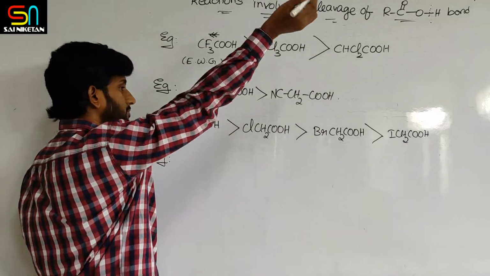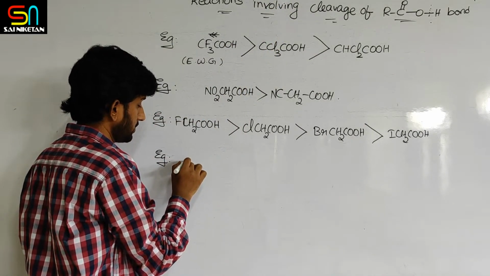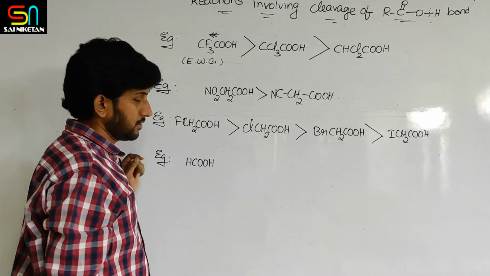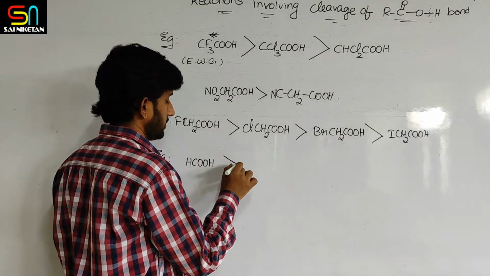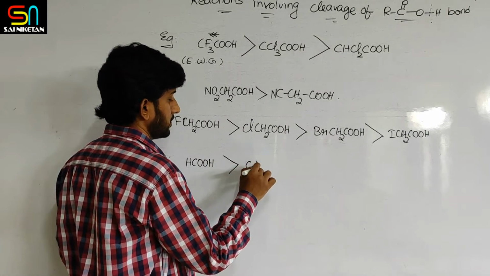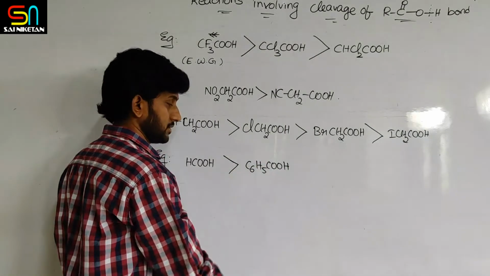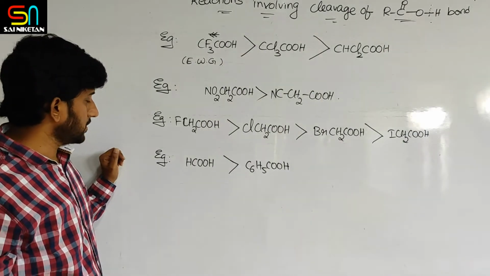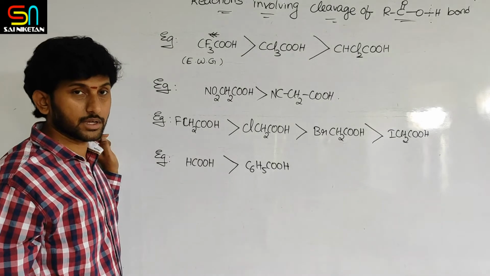Similarly, the comparison is between formic acid and benzoic acid. Formic acid is more acidic than benzoic acid.